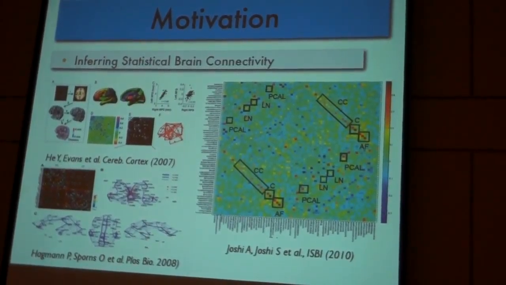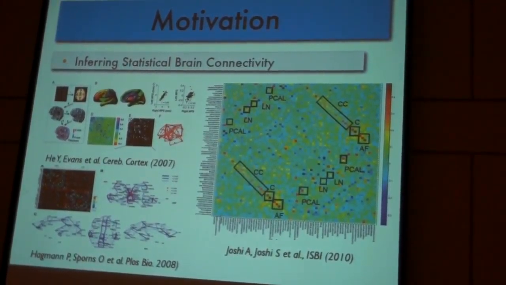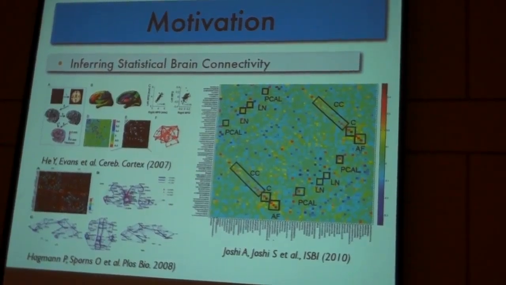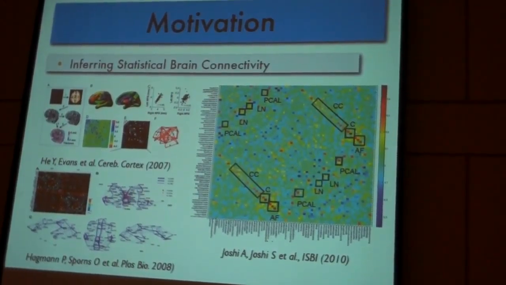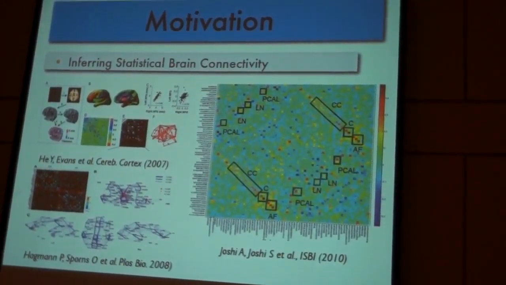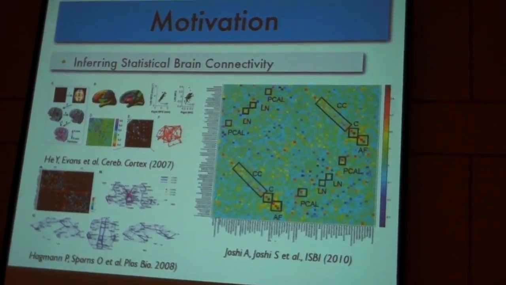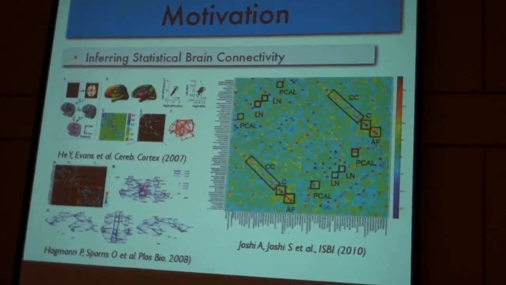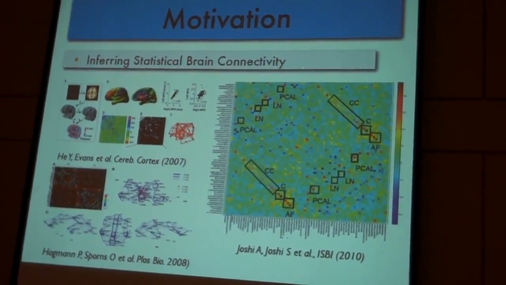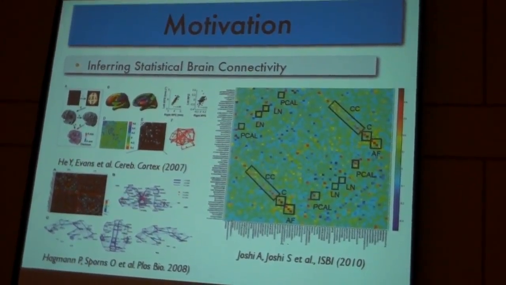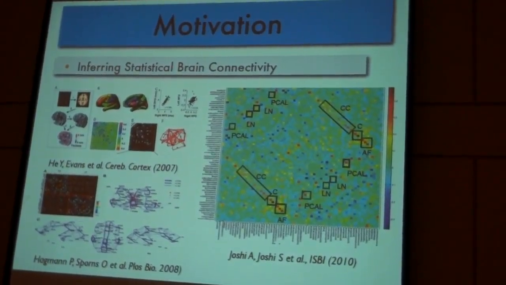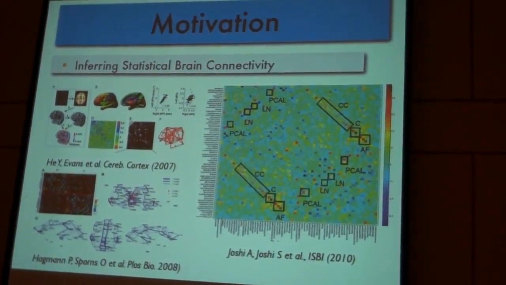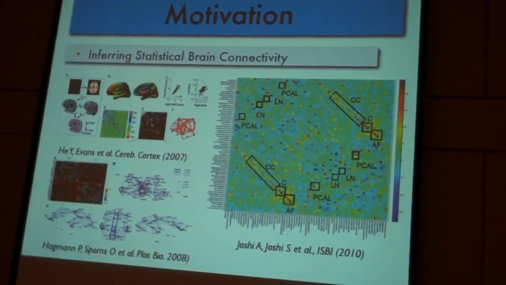We have also done a similar study where we used correlation and partial correlation on thickness measures for a brain, and a simple distance matrix based on a correlation of thickness, without doing any tractography, can actually discover many interesting connections in the brain.